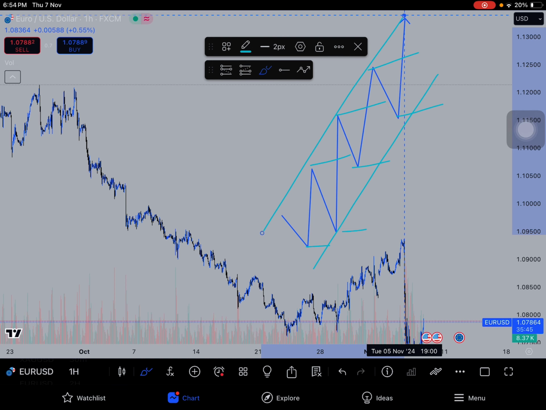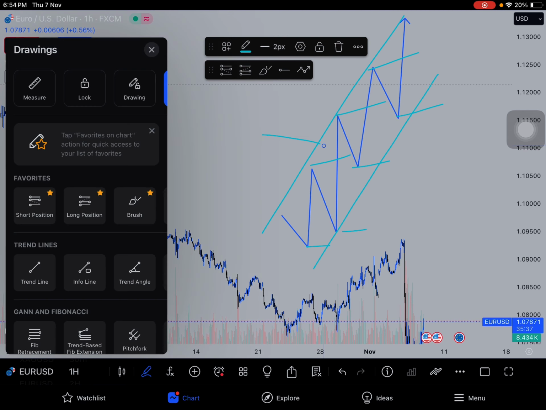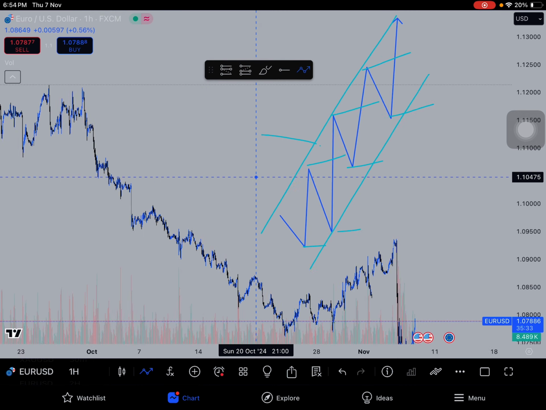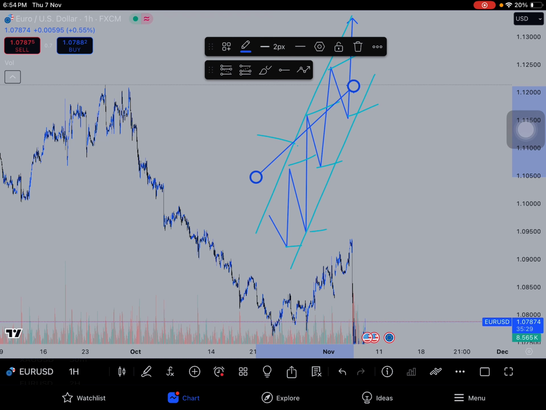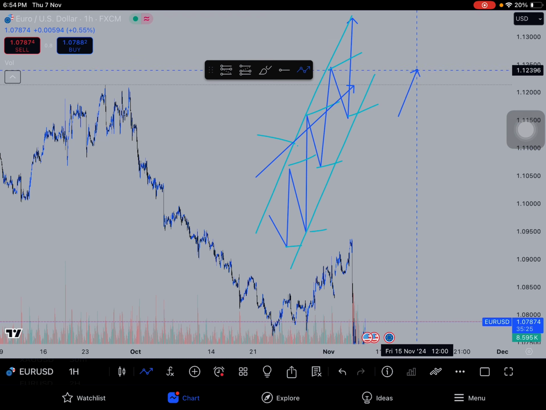So what is a downtrend? Let me explain what a downtrend is. Price should make lower lows and lower highs.